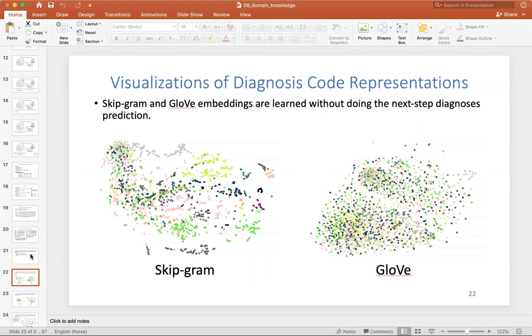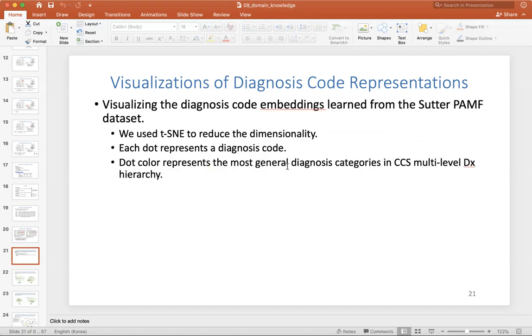As I've shown you in the previous class, every single dot here is a single diagnosis code, and the colors represent the most general diagnosis category in this knowledge DAG, the disease code hierarchy.